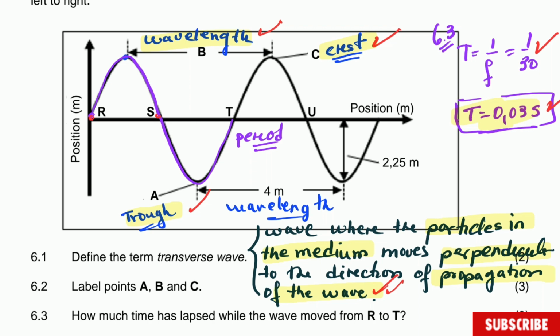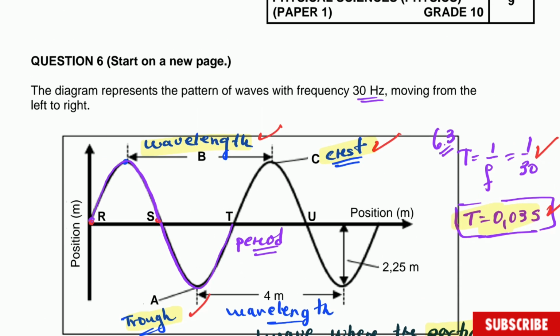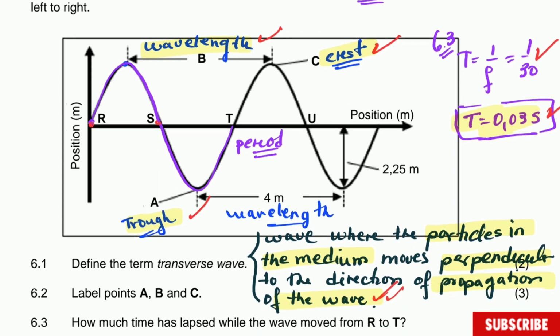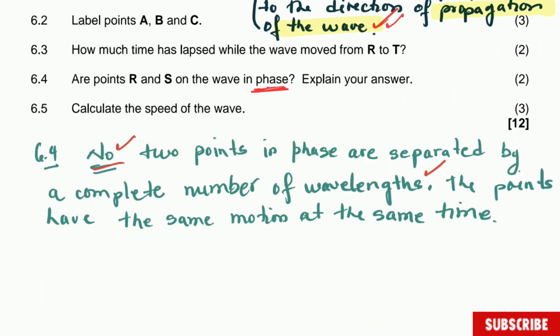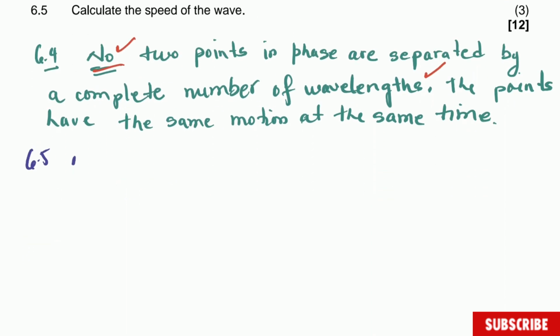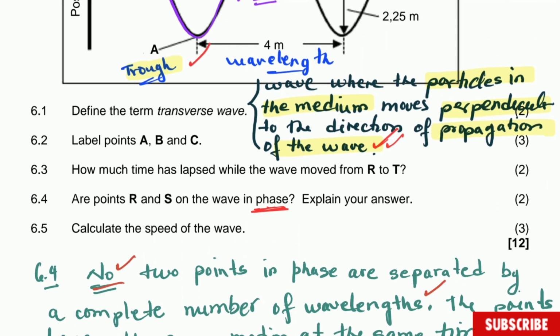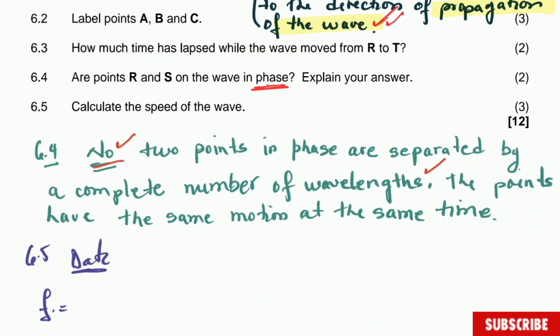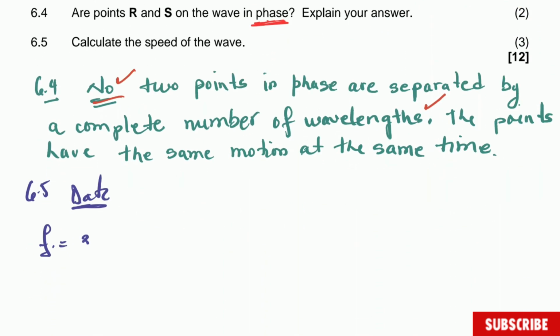Now we have the period, we have the frequency, and we have the wavelength. So in actual fact, we have everything needed to calculate the speed of the wave. So let's do question 6.5 here, and let's quickly write what we have. The data: the frequency is equal to, what was it, 50 or 30? 30 hertz.